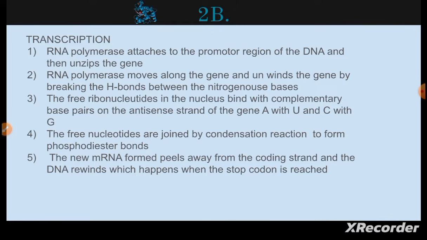RNA polymerase moves along the gene and unwinds the gene by breaking the hydrogen bonds between the nitrogenous bases. The free ribonucleotides in the nucleus bind with complementary base pairs on the antisense strand of the gene. The A binds with U and C with G. The free nucleotides are joined by condensation reaction to form phosphodiester bonds.